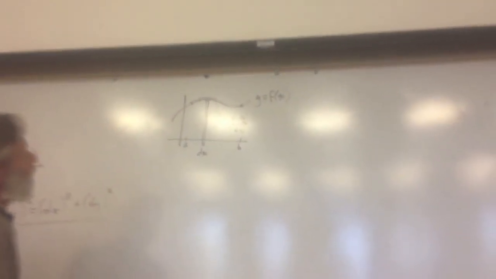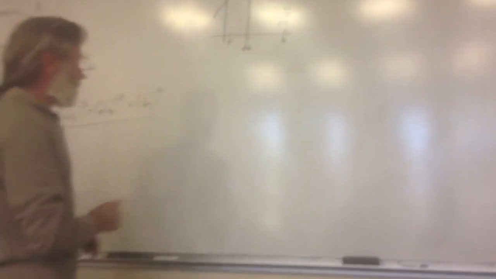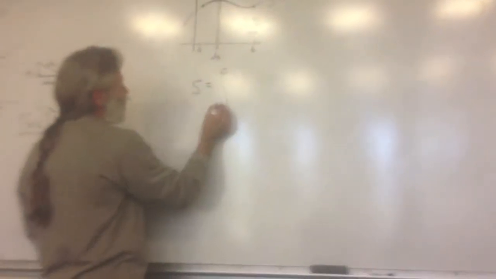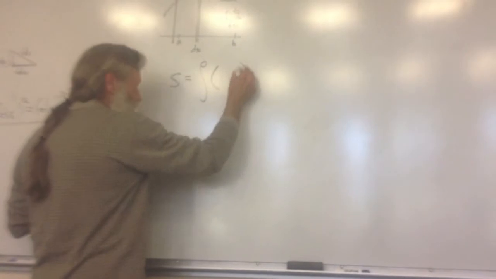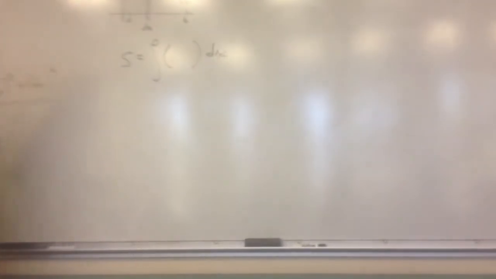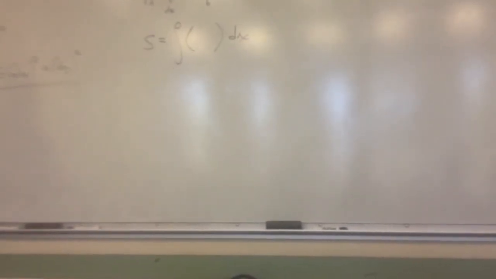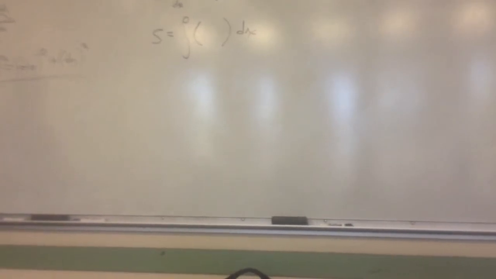Then, in other words, what would be nice is to say that this arc length is an integral, and it would be nice to have an expression in here that I could integrate with respect to x, because these kinds of functions work well with chopping it up in the x direction. So it's a natural fit to work with a dx-oriented differential term.